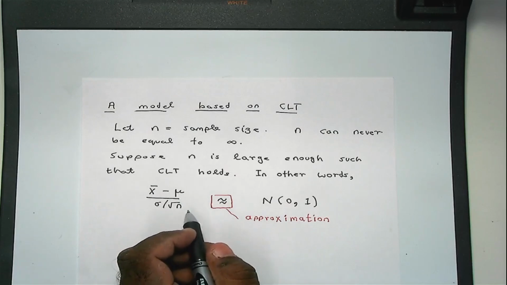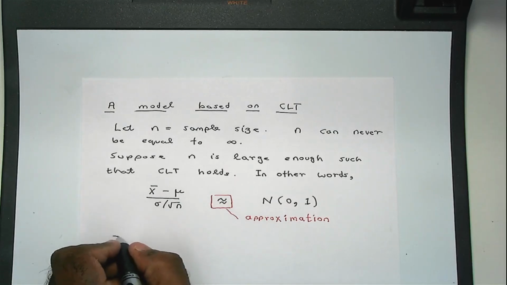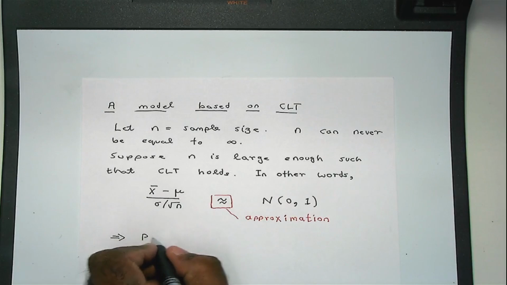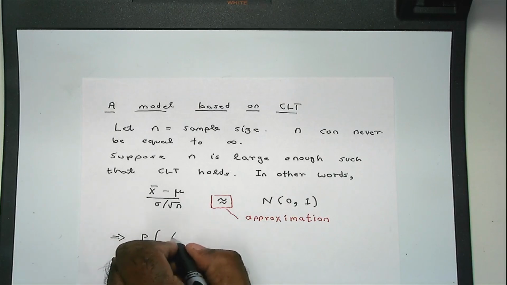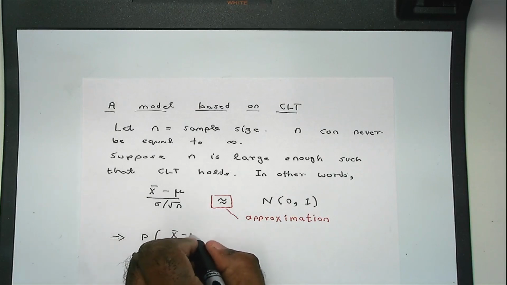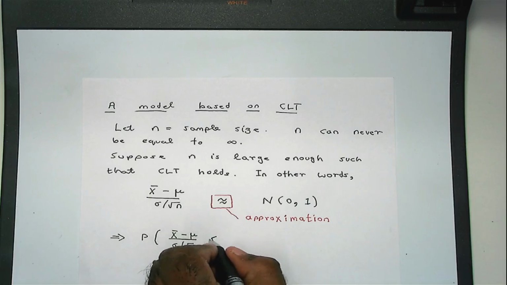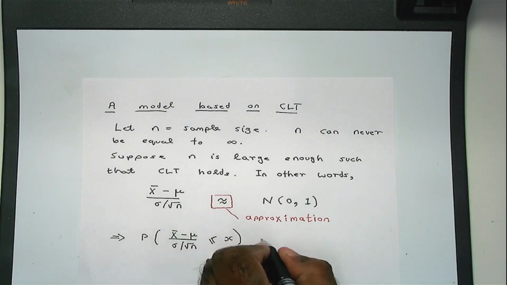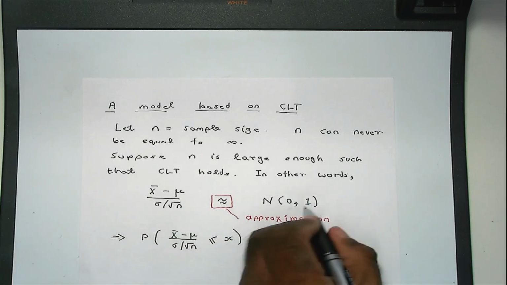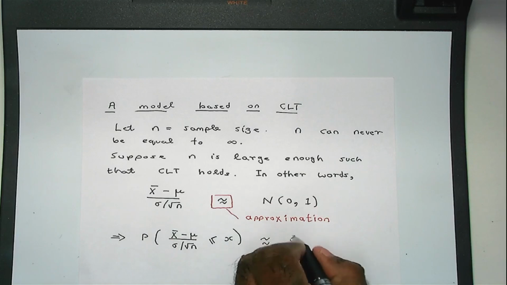So this implies that the probability is approximately equal to the CDF of this, which is, I'm sure you know, phi at x.